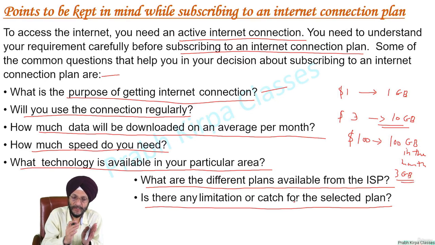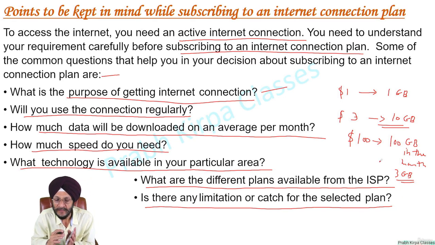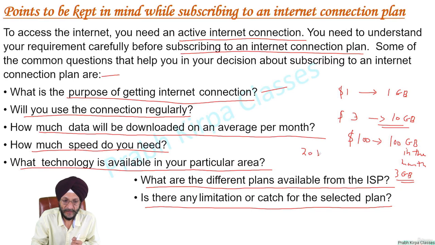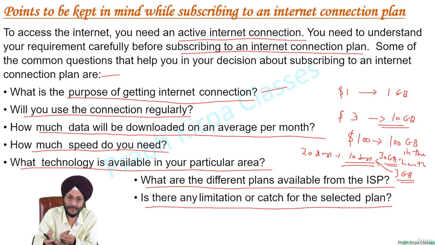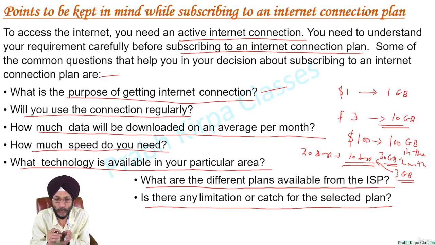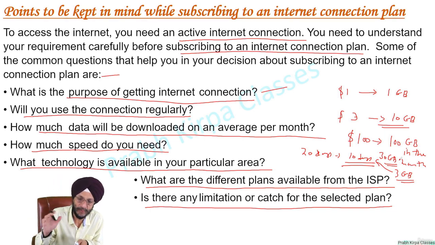Suppose you have not used the internet facility for 20 days, and only 10 days are left. Then, as per the limitation, you will be in a position to use only 3 GB of data per day. In other words, in the rest of the month, for 10 days, you will be able to use the facility for a maximum of only 30 GB and not the 100 GB total.